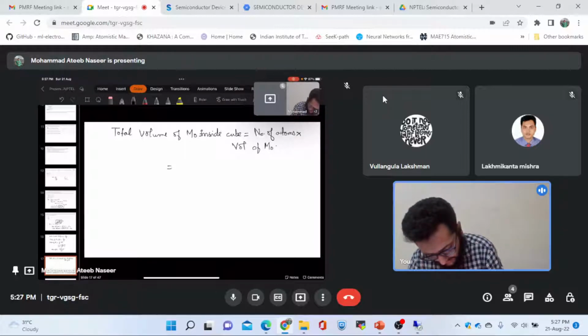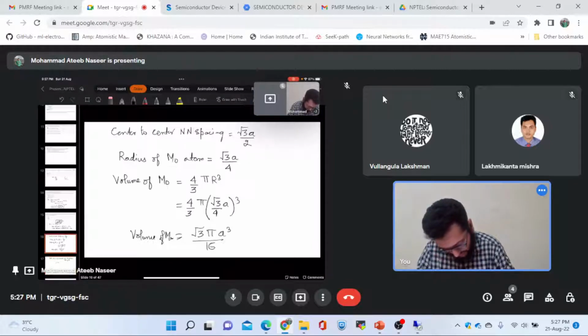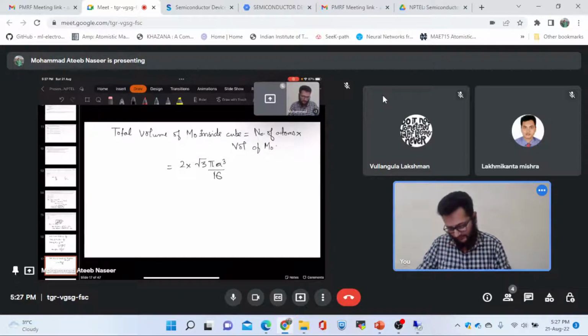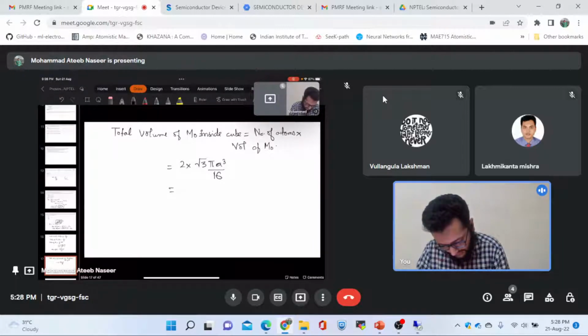In BCC we will have 2 atoms into the volume of Mo. The volume came out to be root 3 pi a cube by 16. Yes, 16. So this 2 will cancel out, and we will be left with root 3 pi a cube by 8.